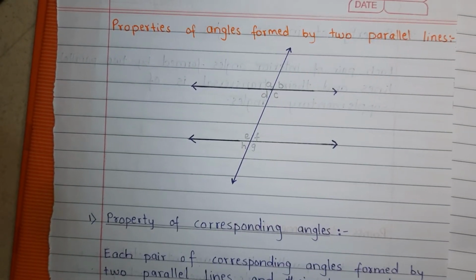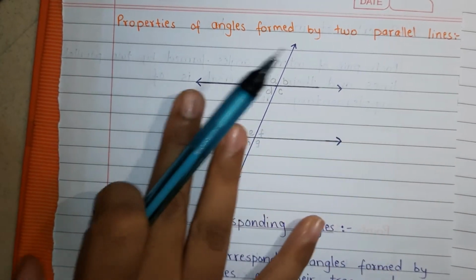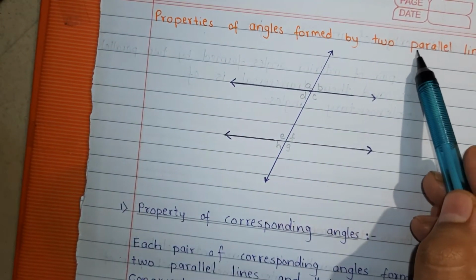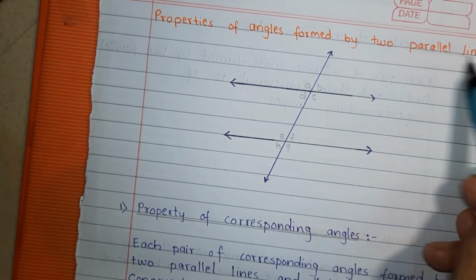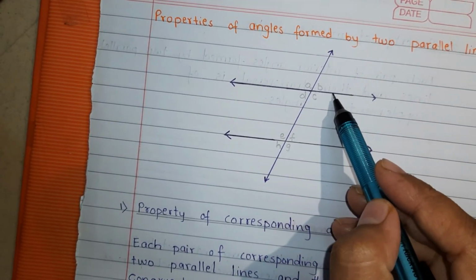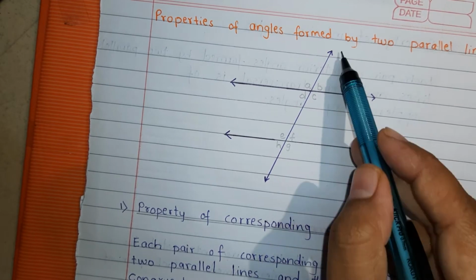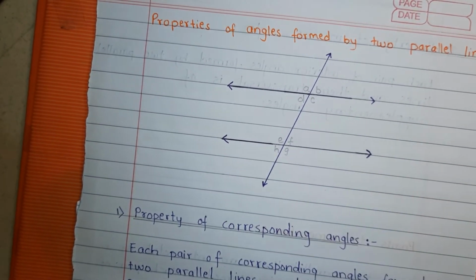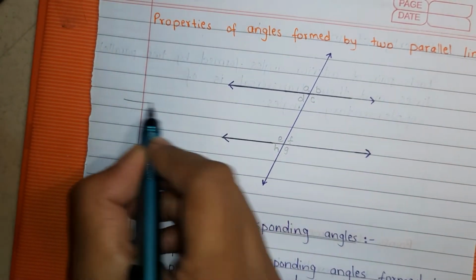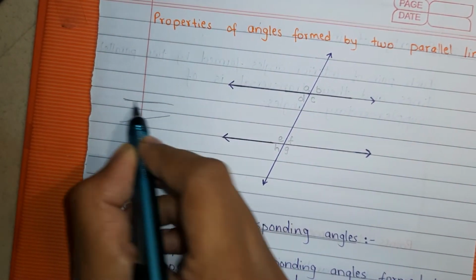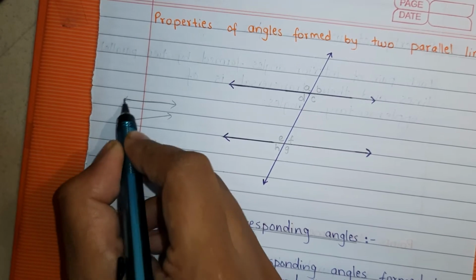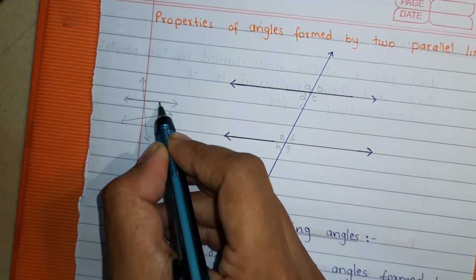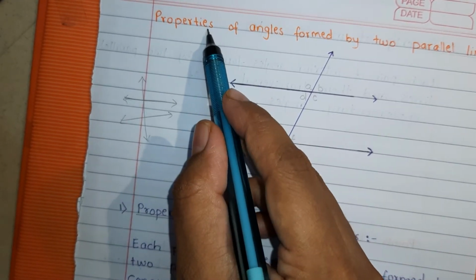But now we are going to study some properties, and these properties are true only for parallel lines. These properties are true only if there are two parallel lines and one transversal which intersects them. If we take any two lines which are intersecting, and if we draw a transversal, then for such lines these properties will not be true.